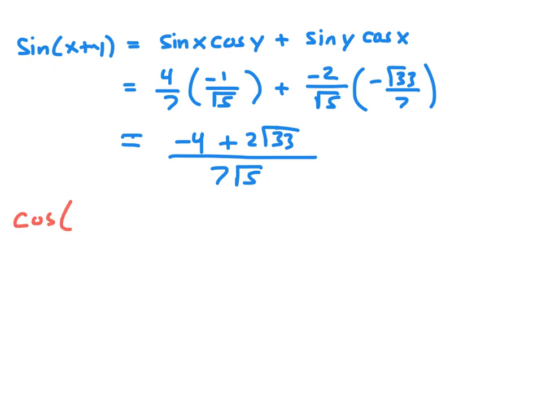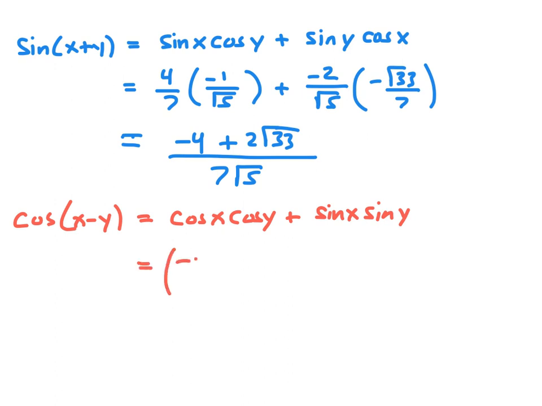For the cosine of x minus y, we follow almost the exact same strategy. We'll use the formula that this is equal to cosine x cosine y plus sine x sine y and make the appropriate substitutions. So the cosine of x is negative square root 33 over 7. The cosine of y is negative 1 over square root 5.